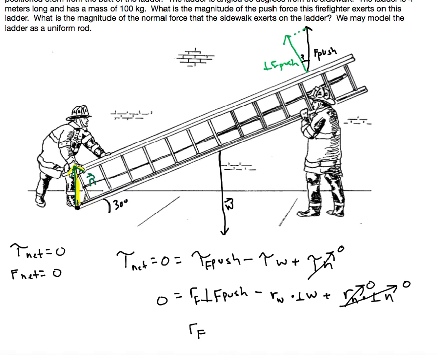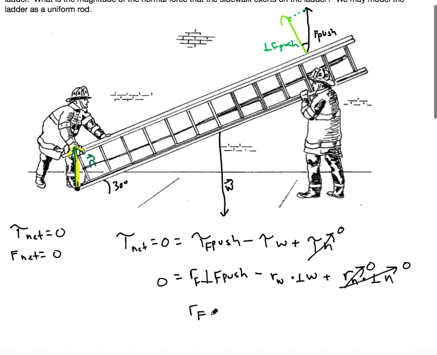So we know this angle is 30 degrees, and we can use cosine to find this adjacent component. So the perpendicular component of F push will equal cosine 30 F push.